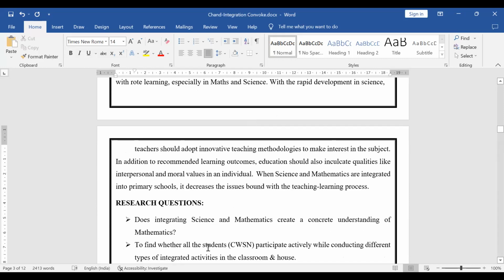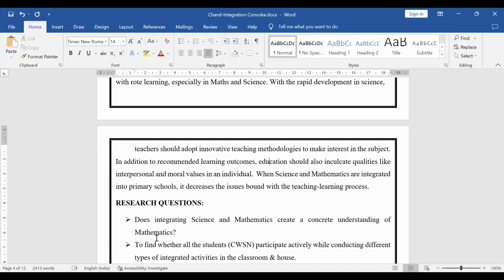Actually, this research question is the objective. You can write it as an objective or you can write it as a research question. So first objective of hers is that, does integrating science and mathematics create a concrete understanding of mathematics? You can write it as an objective: to study the effectiveness of integrating science and mathematics.